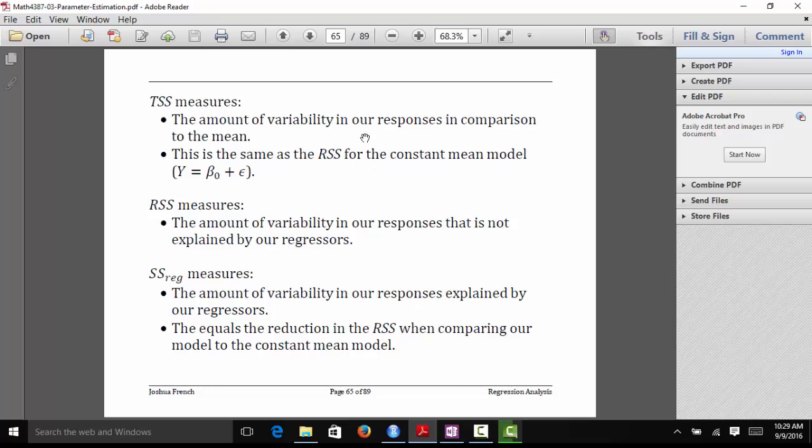So if instead of having an intercept and a slope, we only had the intercept, the residual sums of squares for the fitted model of this type would correspond to the total sums of squares. Then what does the residual sums of squares measure? That's the amount of variability in our responses that is not explained by our regressors.